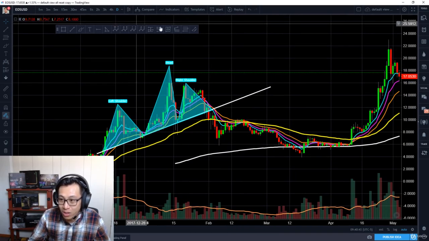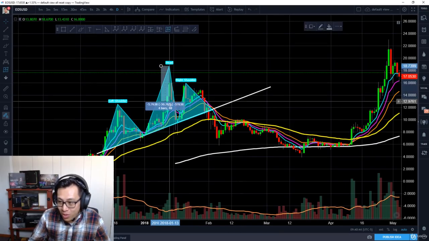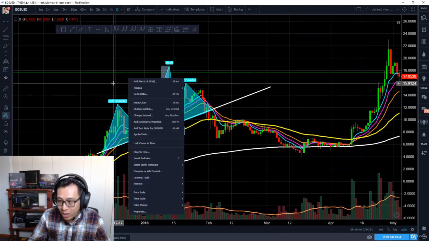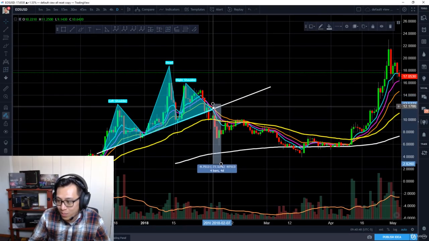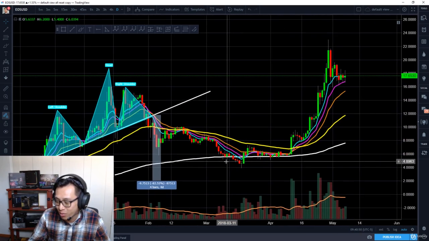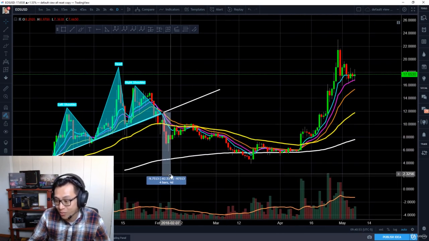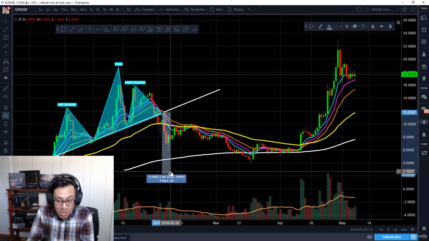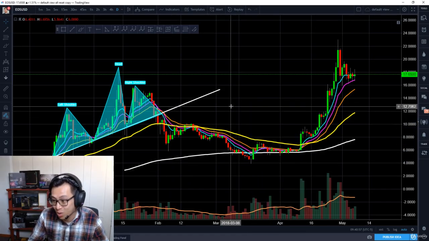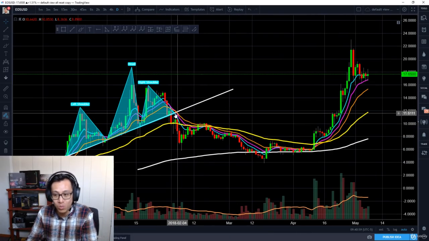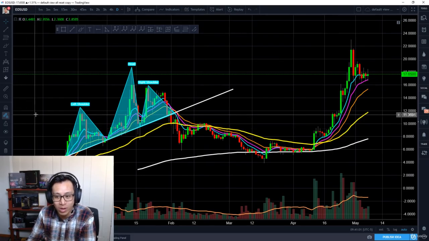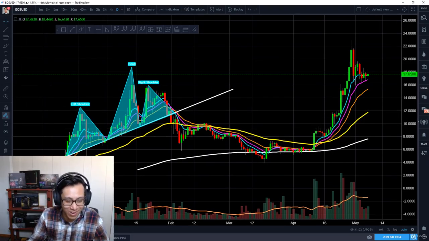They target about the height of the head, just as a general guideline. And then when it breaks down, they put their target roughly down over here, right? Now, it never actually got that far, right? But nevertheless, it was a general guideline of what we use. So that is basically what we call, sorry, a head and shoulders pattern right there.